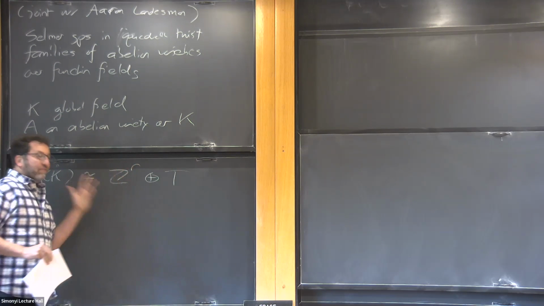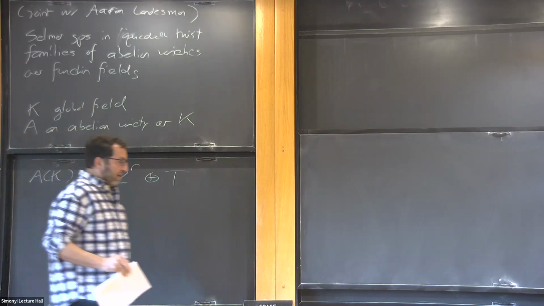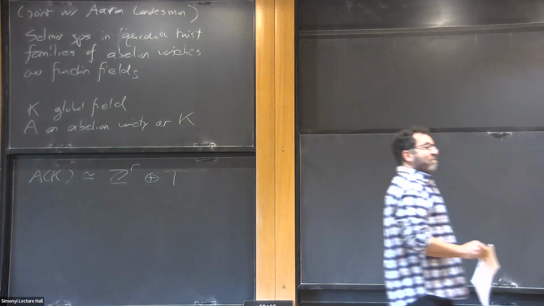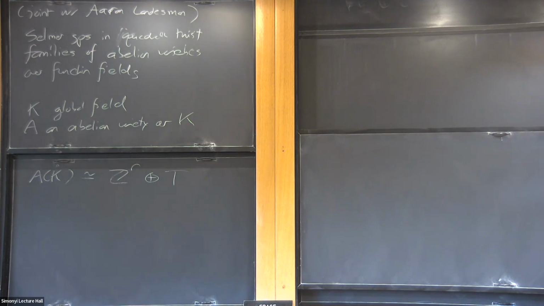This rank is one of the most fundamental invariants of an abelian variety. And the main way we have of studying it is a proxy, which is easier to get at, less geometric and more number theoretic in nature, called the Selmer group.